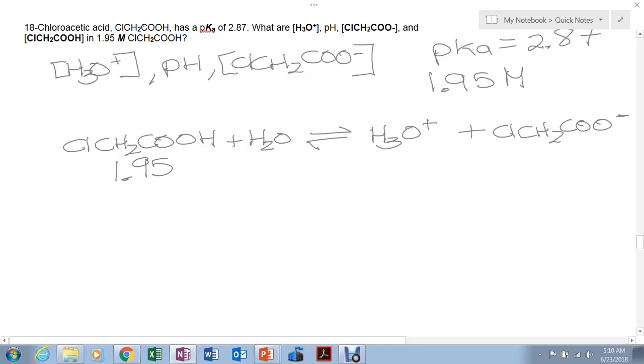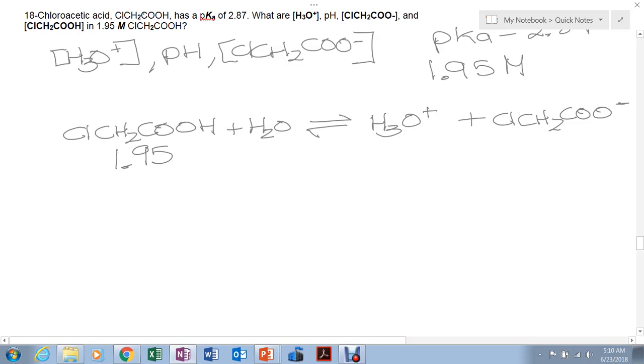So what is the first thing? The first thing we're going to do is first find out the Ka. The other one is the ICE, because here we got zero concentration here and zero. Here's the ICE. But let's get the Ka.